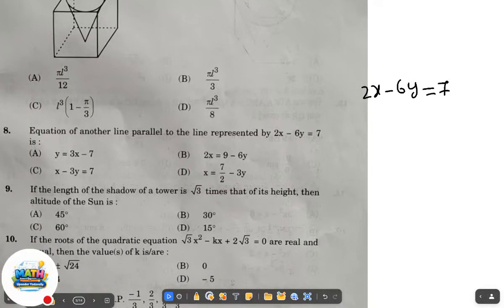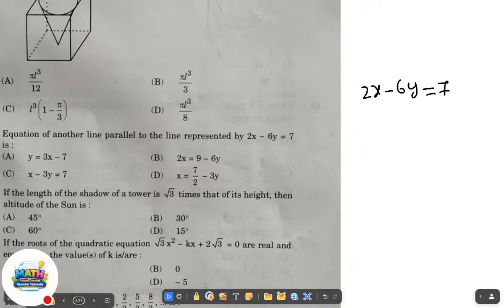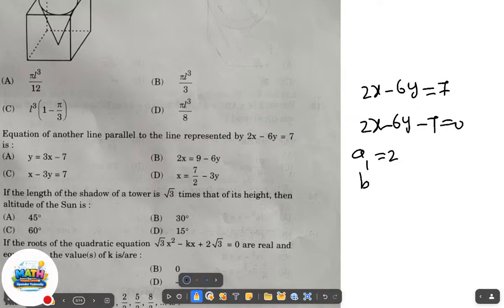The condition for parallel is a1 by a2 equals b1 by b2 not equals c1 by c2. If you write this in standard form, 2x minus 6y, bringing 7 to the left side, minus 7, here a1 is 2, b1 is minus 6, c1 is minus 7.